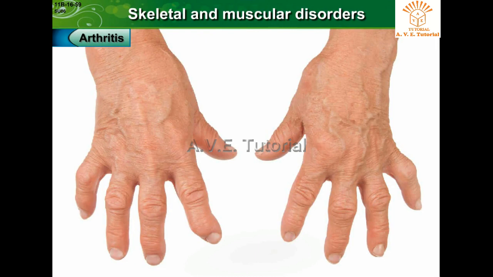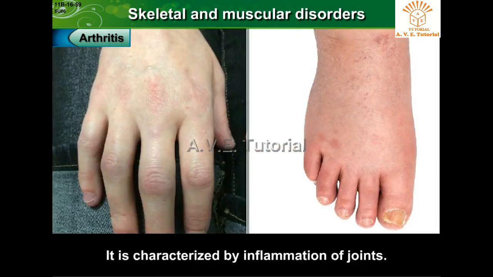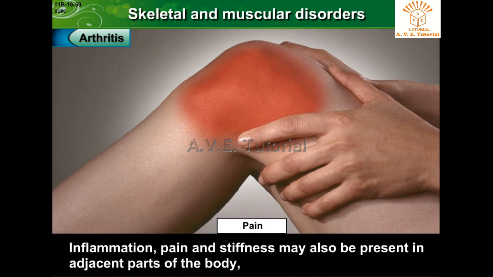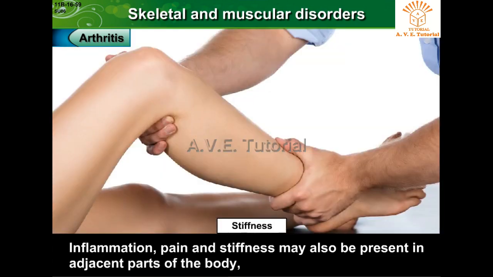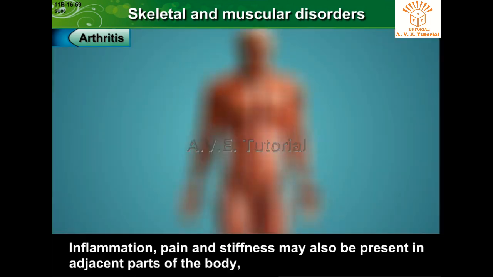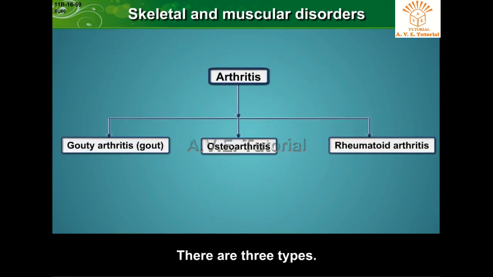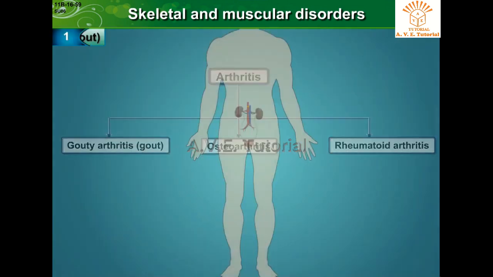Arthritis. It is characterized by inflammation of joints. Inflammation, pain, and stiffness may also be present in adjacent parts of the body, such as the muscles near the joint. There are three types. 1.